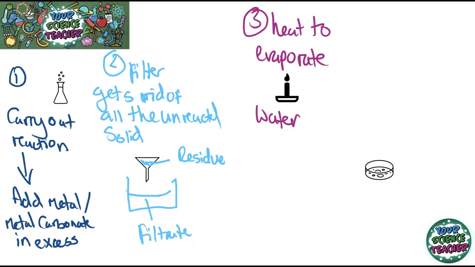So we're going to heat it to evaporate that water off. You don't want to heat it the whole way. You want to heat it until about half of the water has gone. The reason why you heat it until just about half the water is gone is you can maybe lose some of your product if you heat any more.